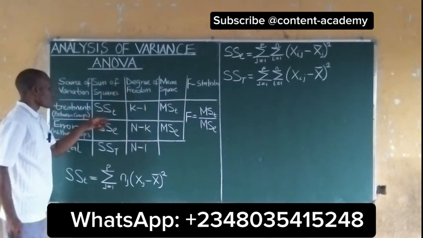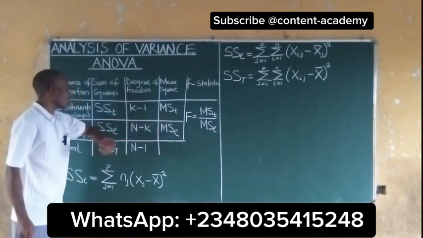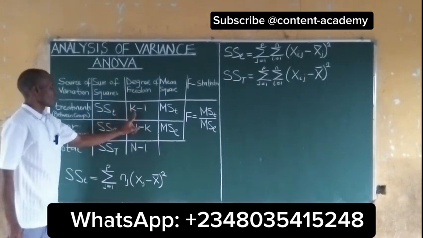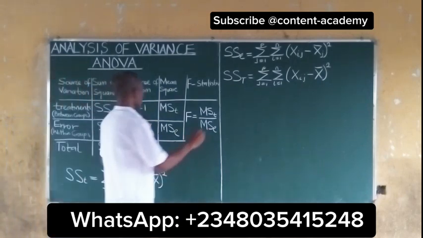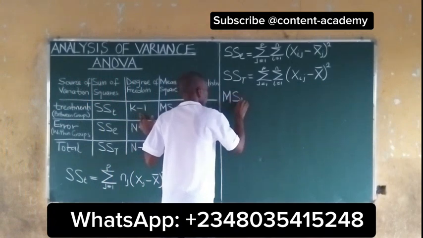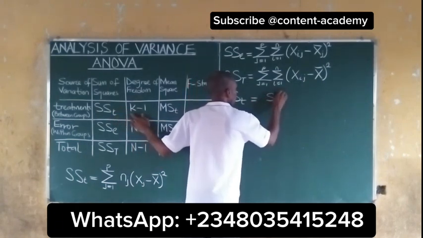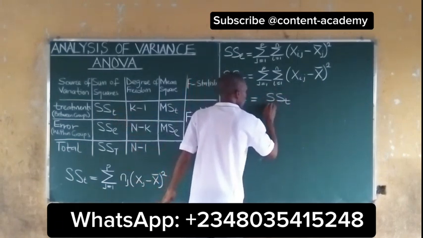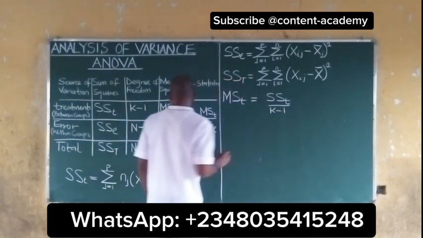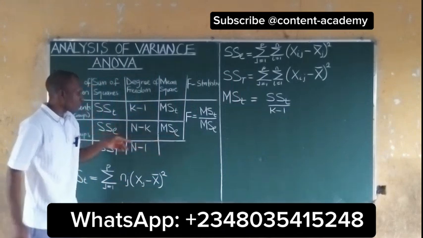Now, how can we calculate the mean square treatment? The mean square treatment is just the sum of square treatment divided by the degree of freedom. That means the mean square treatment is equal to the sum of square treatment over k minus 1. Now we have the mean square error. How can it be calculated?